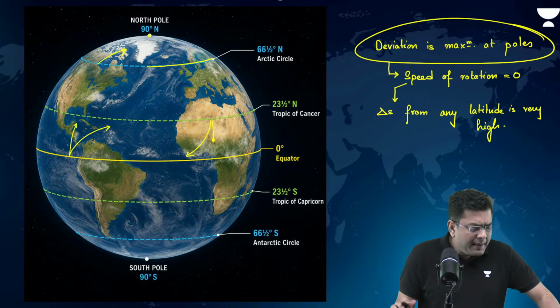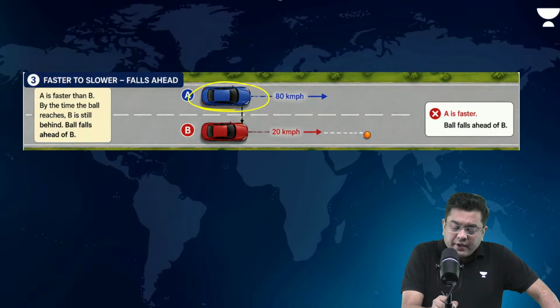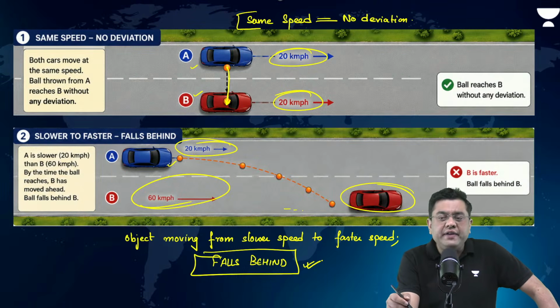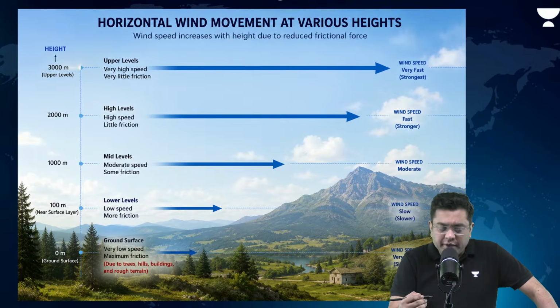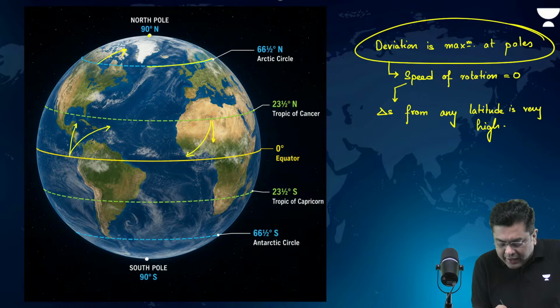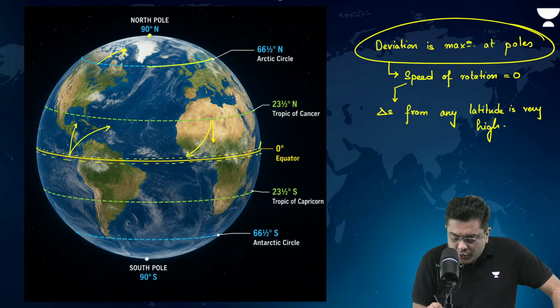Now, remember, we had discussed one case that at the same speed you have no deviation. So, if I consider the region of a similar speed, that is the region around the equator itself, let's suppose 2 degree north and 2 degree south, or 5 degree north and 5 degree south.